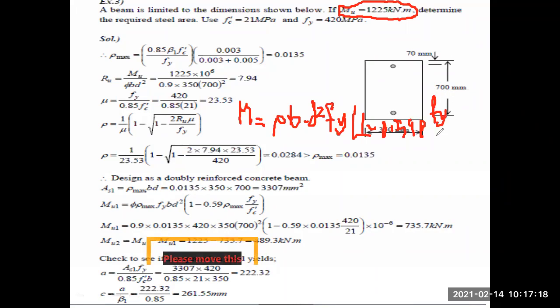Okay, that's why we determine f sub c prime, and of course times phi, again we assume it to be 0.9, and we get M sub u. If this M sub u is less than the given M sub u, then the section is doubly reinforced. The section is doubly reinforced. Okay.